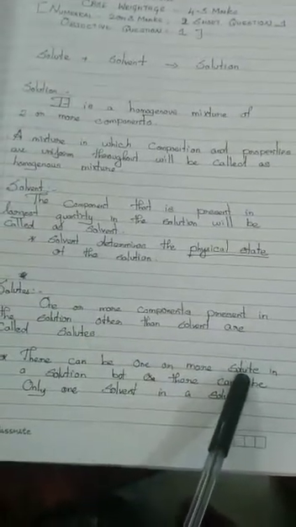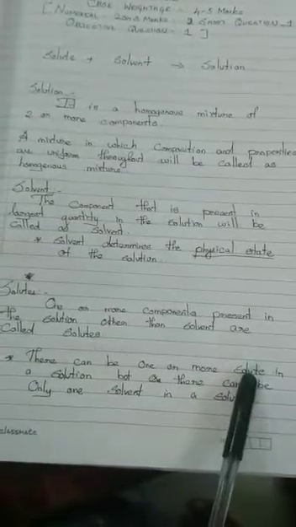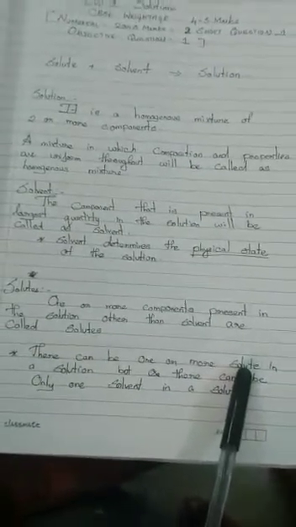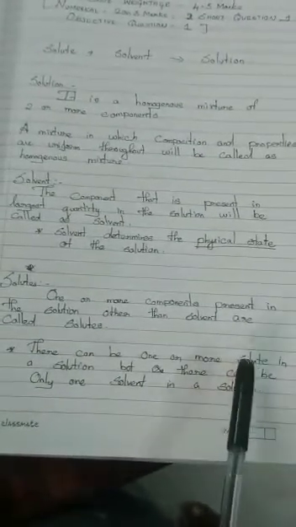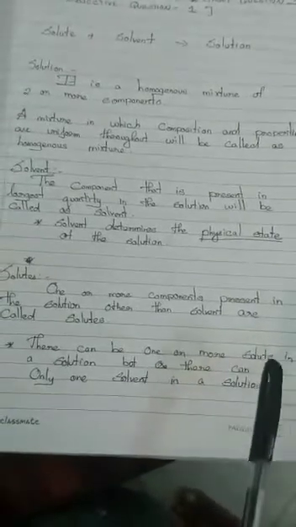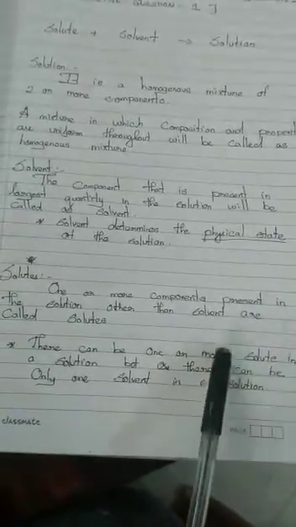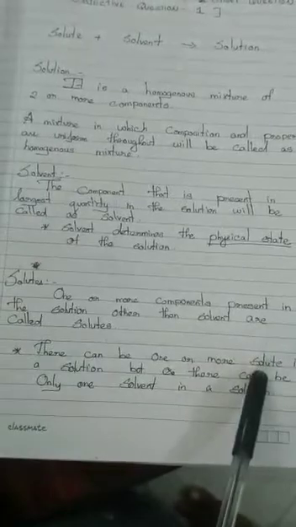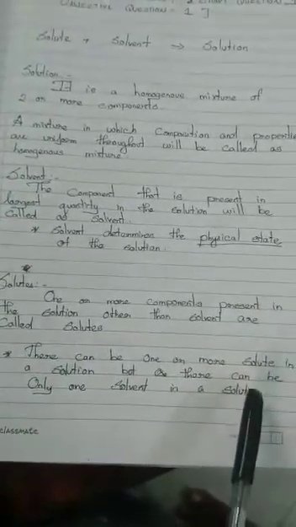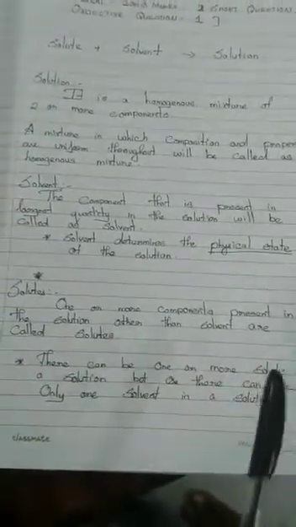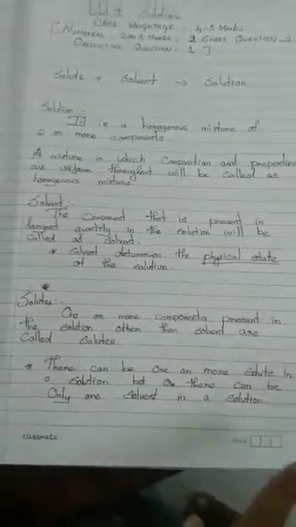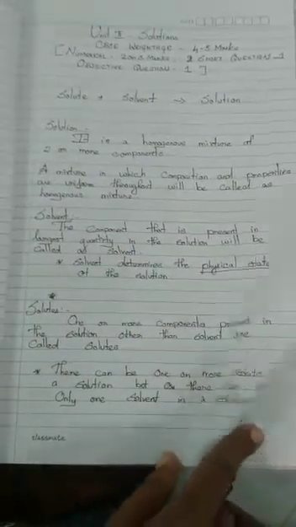For example, if you take the salt solution, the solvent will be water and the solute will be salt. Water is present in the largest quantity, so it is called the solvent. Salt, which is present in the smaller quantity, will be called the solute.